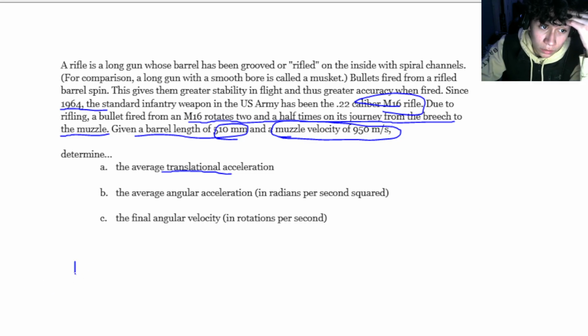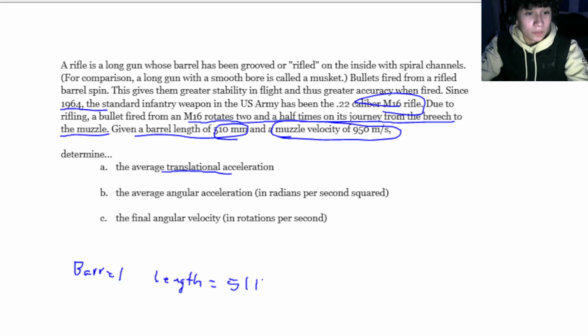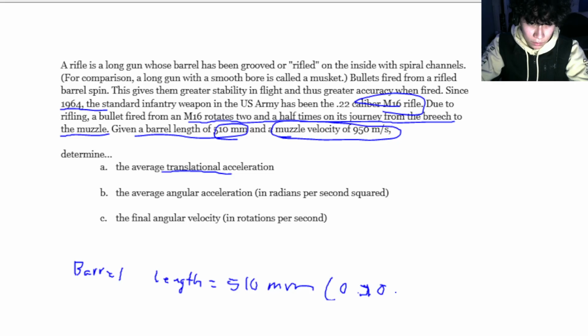So the barrel length is going to equal 510 millimeters, or if I'm going to put it in the calculator, 0.510 meters.